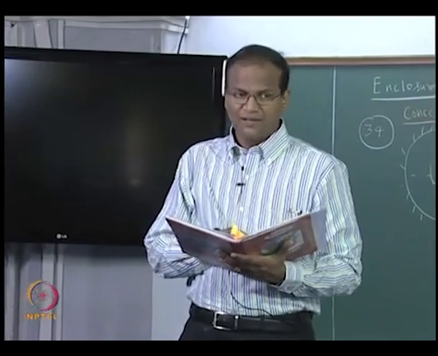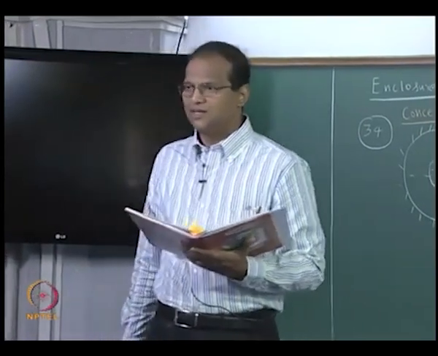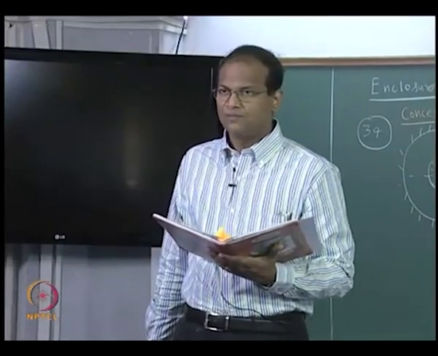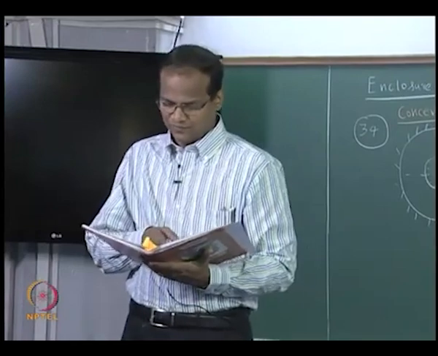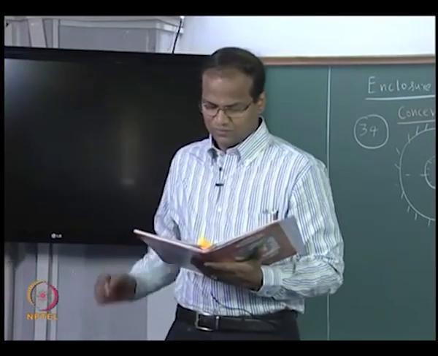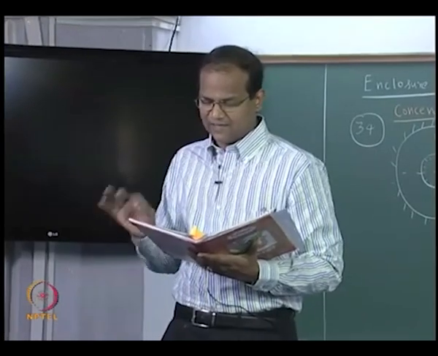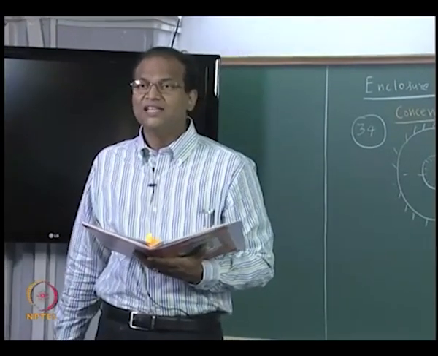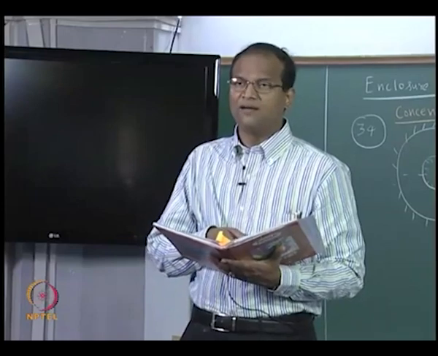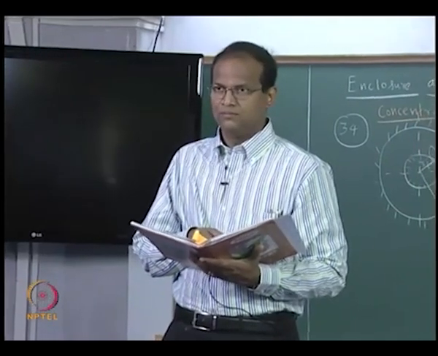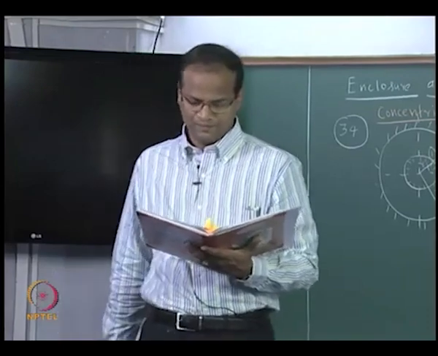The electrical conductor has a diffuse gray surface with an emissivity of 0.6 and dissipates 7 watts per meter length, full stop.